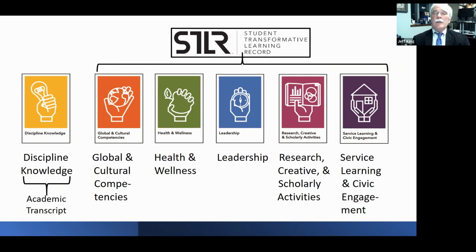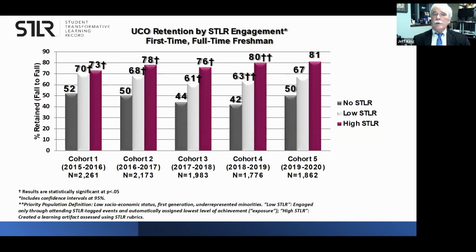Many of these you have already, I'm sure, at your own institutions. Say, for example, you develop graduates and students to be leaders. You develop them to be able to work in the community and to engage civically. But these are the five here at our university.